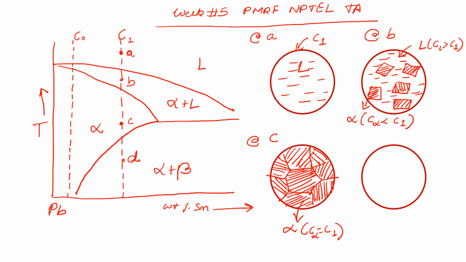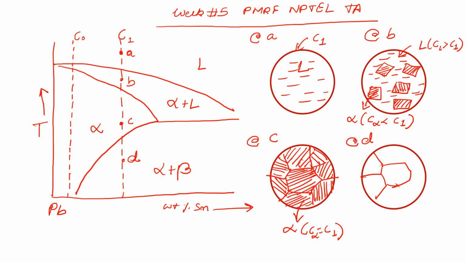And as we go on crossing this solvus boundary, an interesting thing happens, because now that we have a complete solid here, we have a solid to solid phase precipitation.